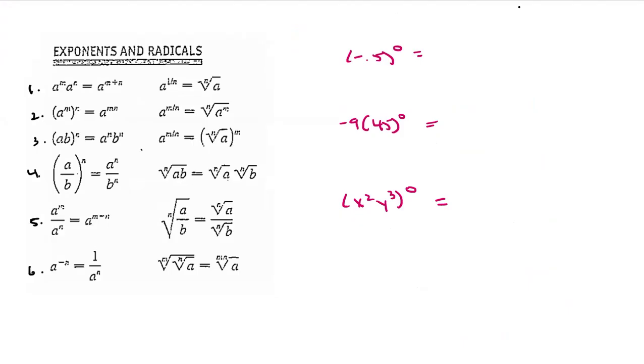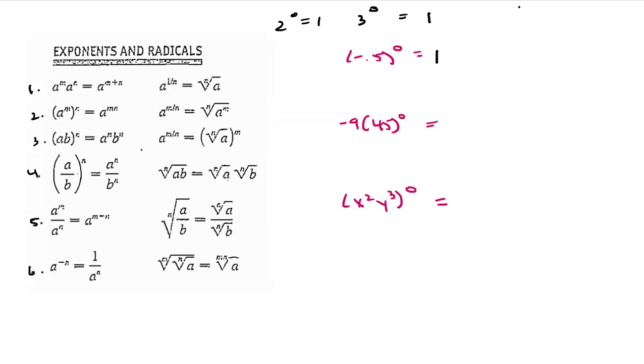Okay, so if we had, say, 3 to the 0 power, what does that give us? 1. Okay, 3 to the 0 power is 1. What about 2 to the 0 power? What's that going to give us? 1. Yes. Okay. So negative 0.5 to the 0 power is going to give us 1.